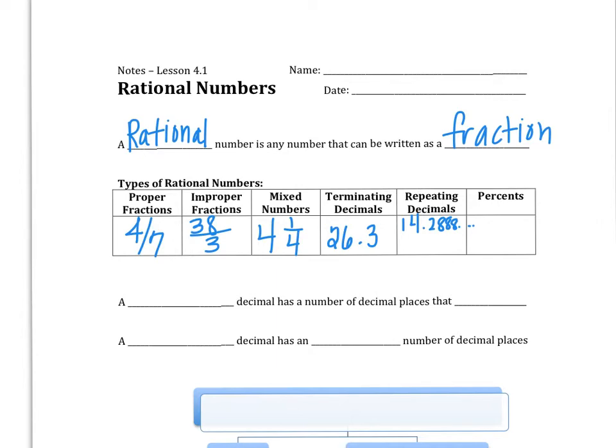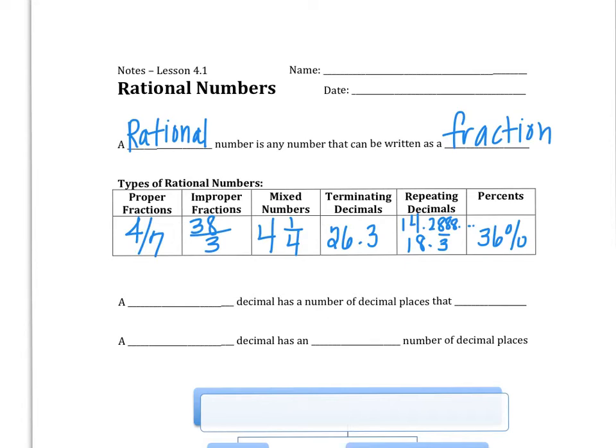Another way to write a repeating decimal would be something like this, 18.3 with the bar over it, which means that it goes on indefinitely. And we have percents, so something like 36%. Those would all be types of rational numbers.